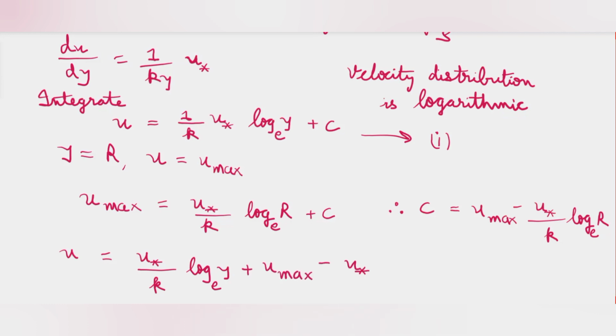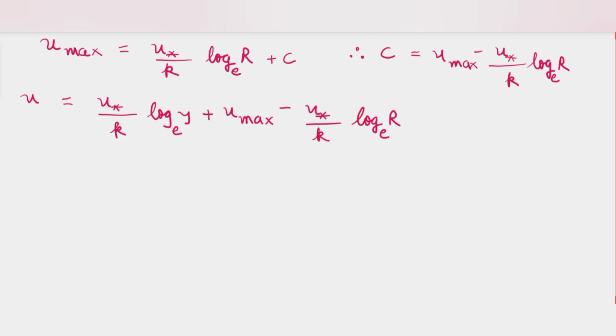Then taking u star by k as common, in the bracket we'll have log y minus log r. Subtraction becomes division, so it will be log y by r to the base e, plus u max. We also know the value of the Kármán constant, which is 0.4.